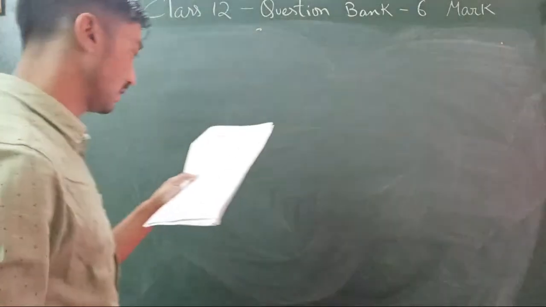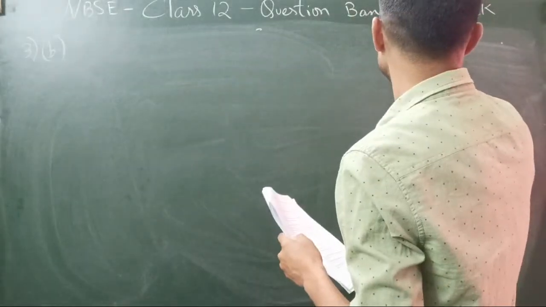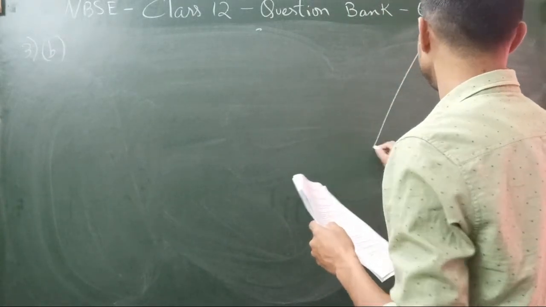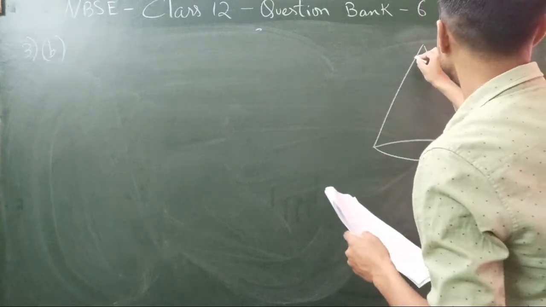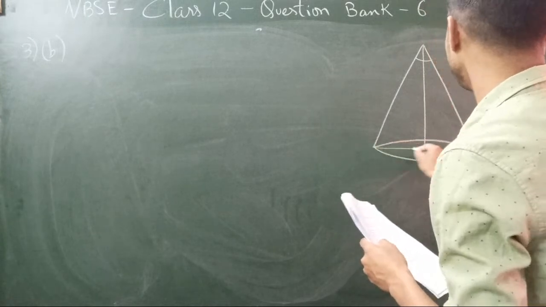Question number 3B. Show that the semi-vertical angle of the cone of maximum volume of given slant height is tan inverse of root 2. So if this is a cone, this is the vertical angle, and semi-vertical angle means half of the vertical angle.